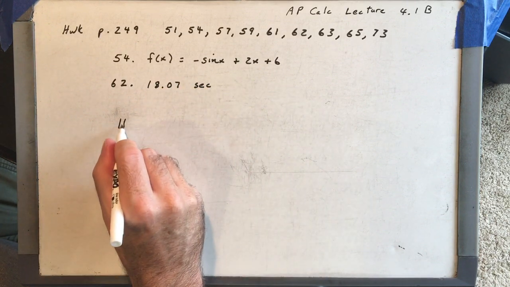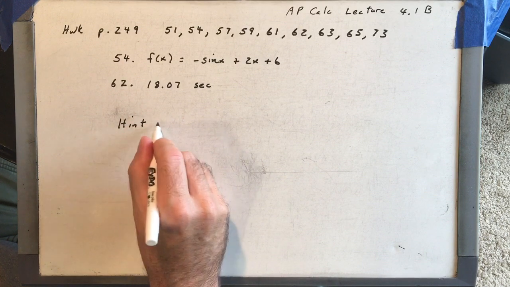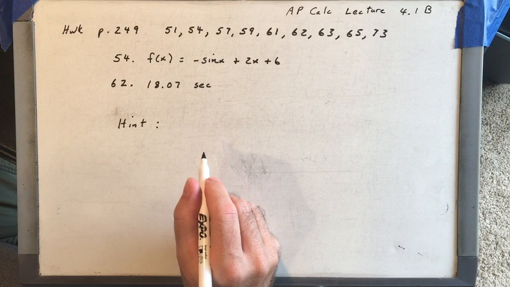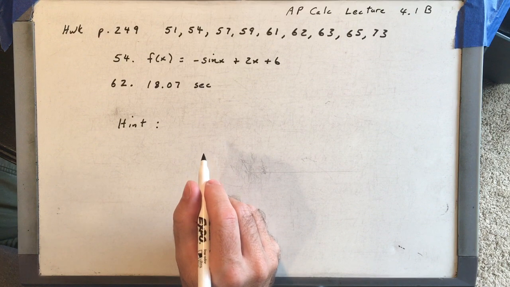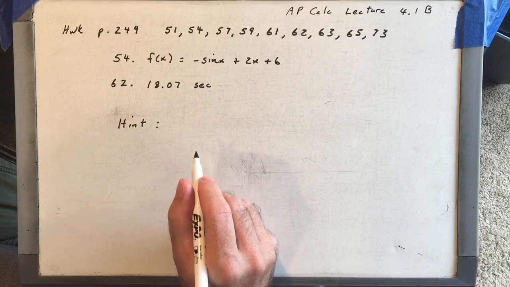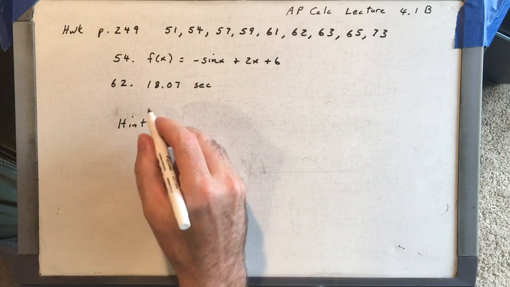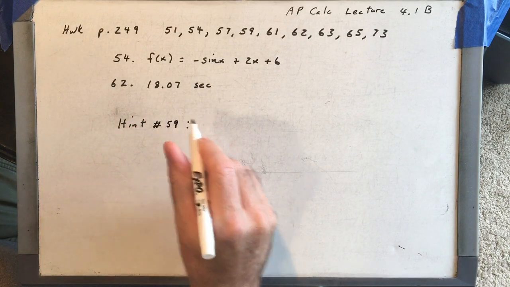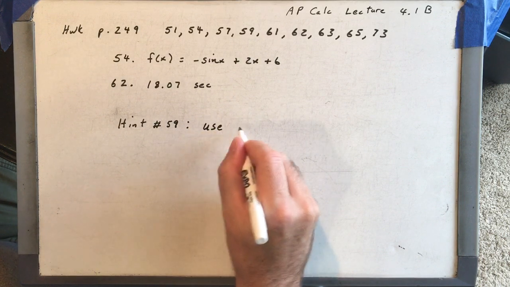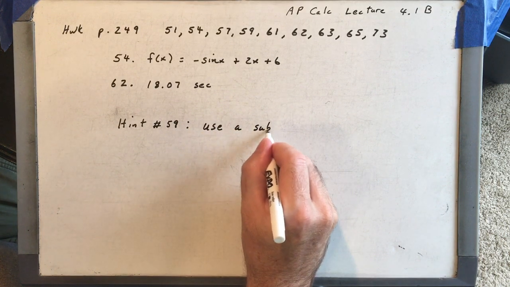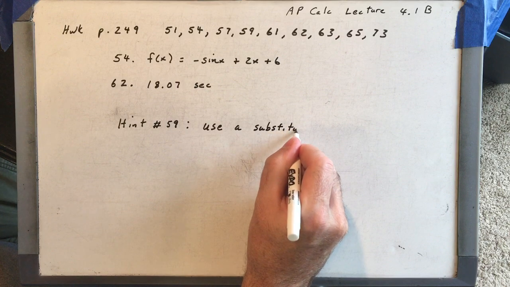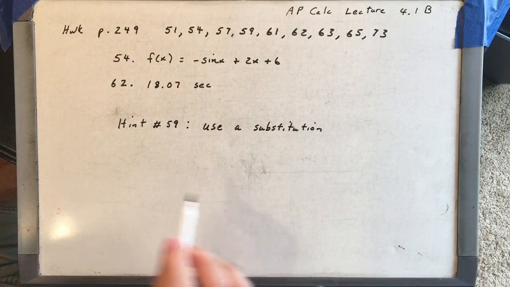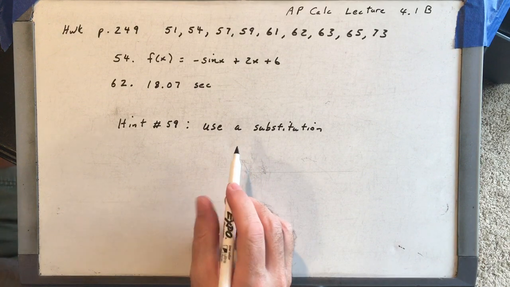All right, I'm going to give you a hint. One of these is pretty tough. Let's see if some of you guys can get it. So the hint for number 59, you need to use a substitution. All right, that's your hint. It's a tough one.